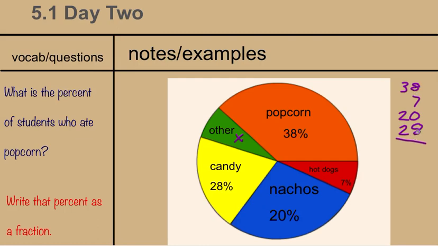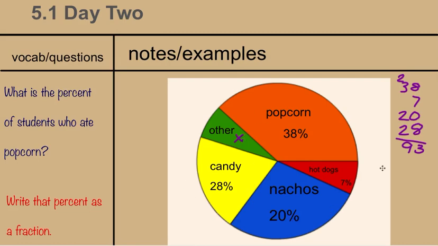Let's add these up. 8 and 8 is 16. 16 plus 7 is 23. 1, 2, 3, 4, 5, 6, 7, 8, 9. 93% of the students, we know what they ate.